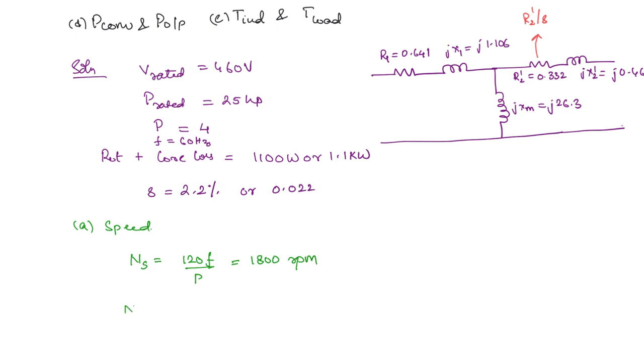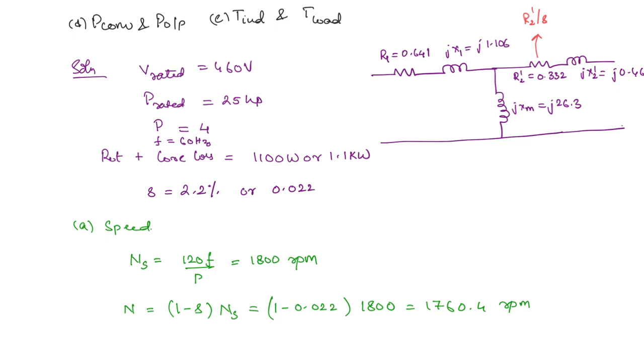Now what is the actual speed? This is equal to 1 minus S times Ns. So 1 minus 0.022 into 1800, which gives you 1760.4 RPM.